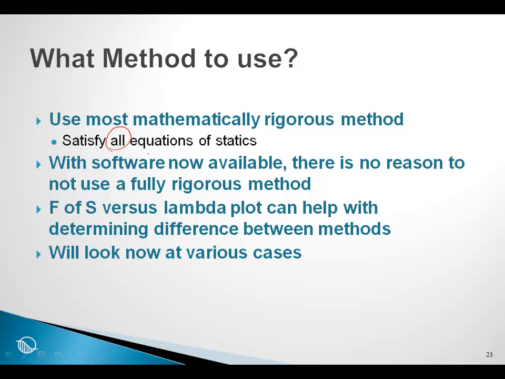With the software now available, there is no reason to not use a fully rigorous method. There is no more work involved in defining a problem for a Spencer method than it is for a Bishop method. And if you are curious about the difference between factors of safety, then you can produce a GLE plot, and the factor of safety versus lambda plot can help you determine the difference between the methods if you see a difference.